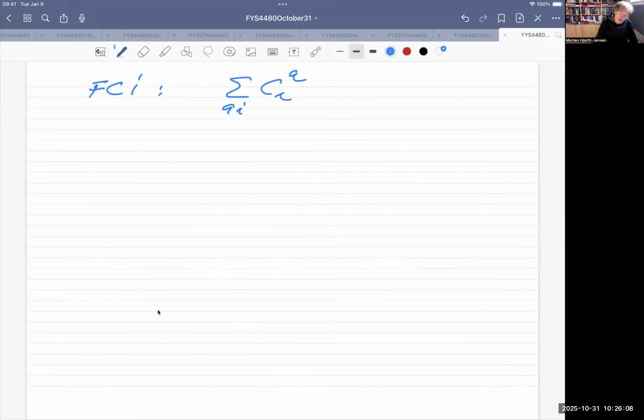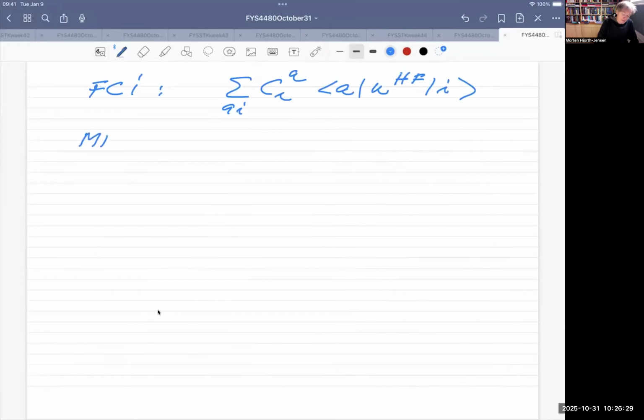And for FCI, if we assume that the basis is an eigenbasis of the non-interacting part of the Hamiltonian, what we get is an integral which looks like this. We have this Hartree-Fock potential, which I'm going to remind you of in just a few moments.